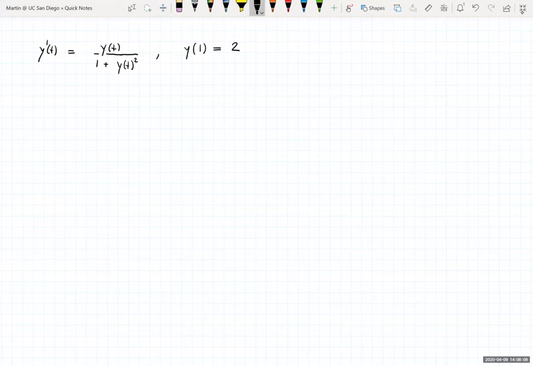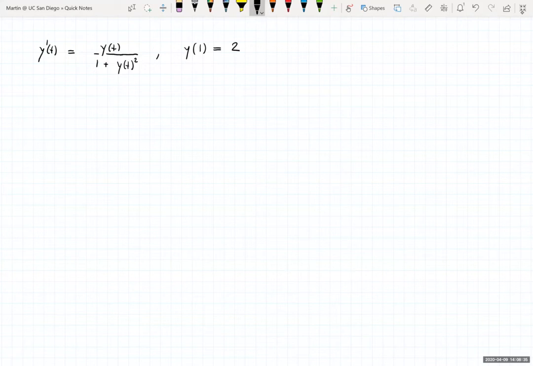Okay, let's take a look at yet another ordinary differential equation that is nonlinear. So we've got y prime of t equal y of t over 1 plus y of t squared. And the initial condition this time is y(1) equal 2. The initial condition itself actually doesn't matter.